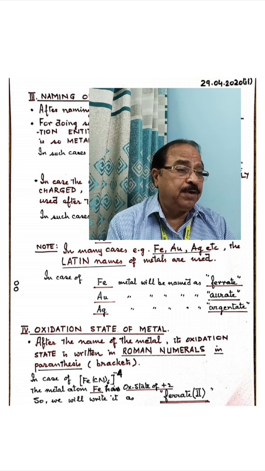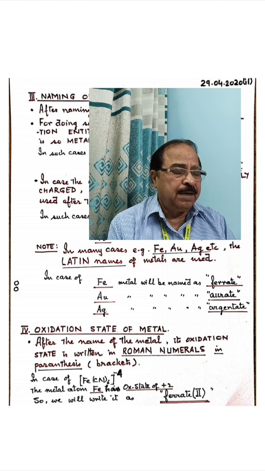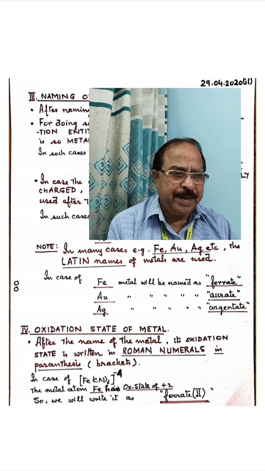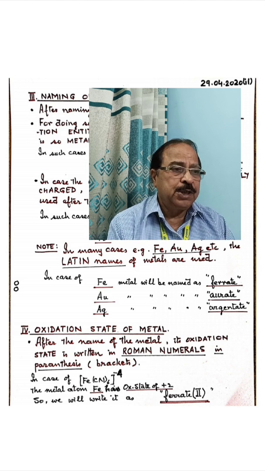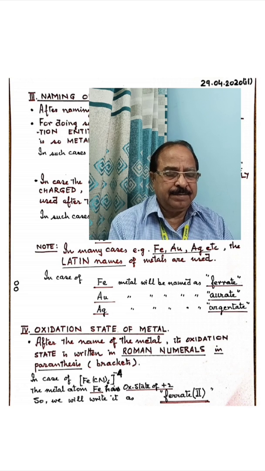That means you don't have to leave any space. The whole name should be a one-word name: the names of the ligands written continuously, then the metal atom, then its oxidation number, and then the anion. So no space, and small letters, so that there is no mistake.